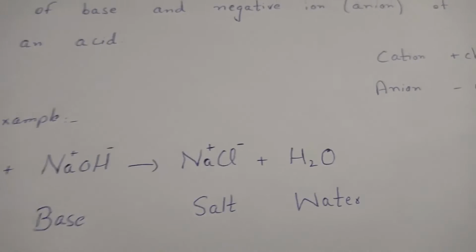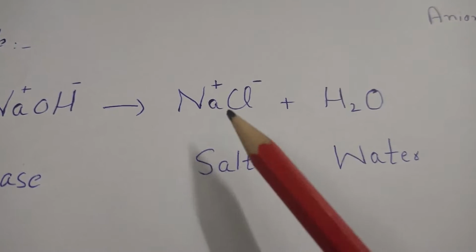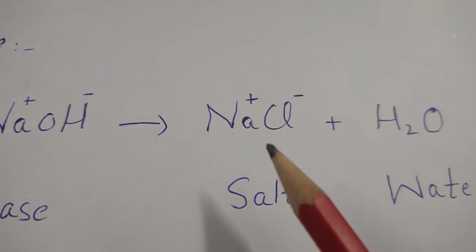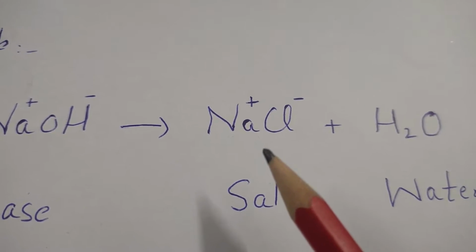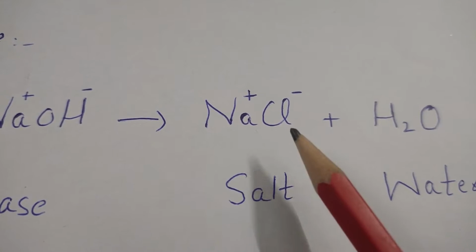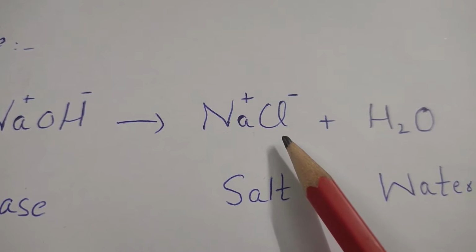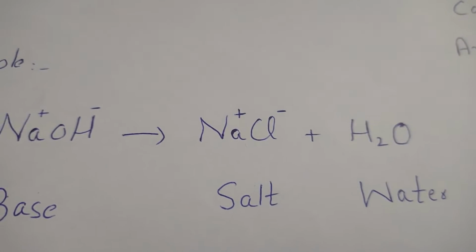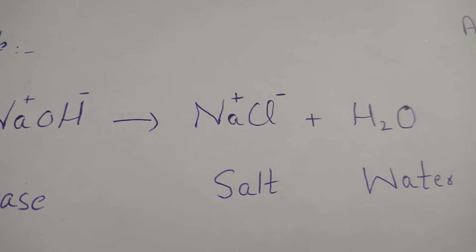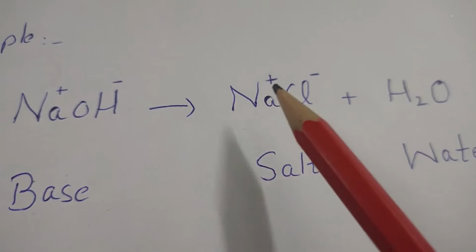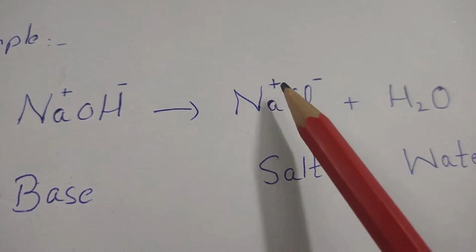And what do we mean by positive and negative? For example, we are talking about a compound. First of all, what is a compound? A compound is when different elements join together. For example, sodium chloride. We have two different elements here, sodium and chlorine. If you observe this structure, NaCl, sodium contains a positive ion.